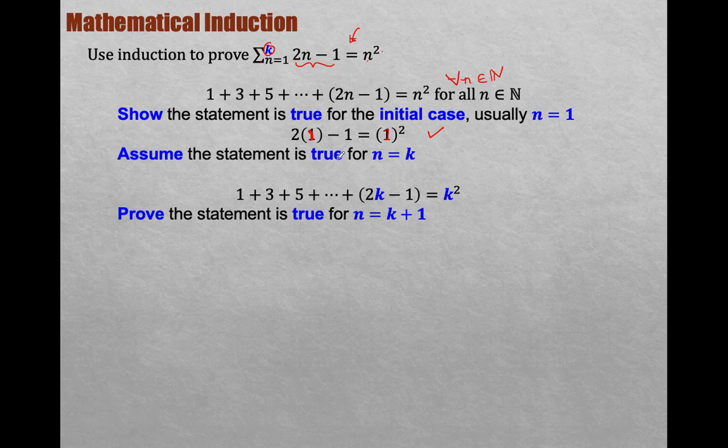Now I want to go back here and look and see what's going on. We proved that if 1, the first term, is certainly equal to 1 squared, but nobody asked us, but look at the sum of the first 2 terms. Isn't that 4? And what is 2 squared? Oh my Lanta.